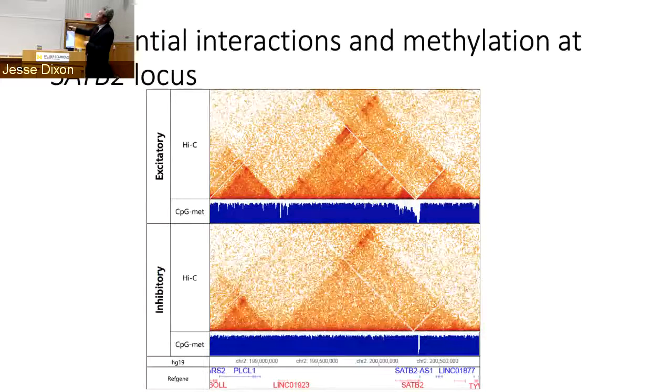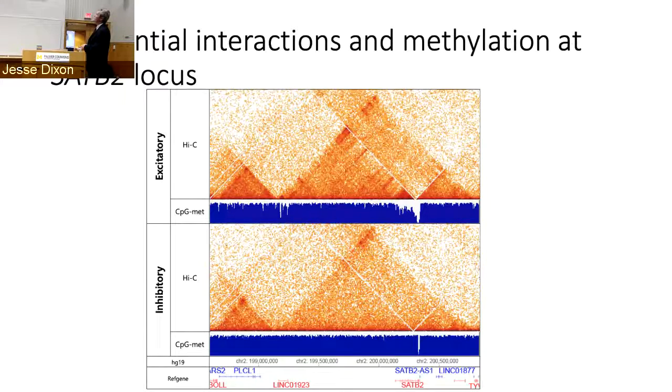And again, SATB2, which is right here, is this well-known marker gene of excitatory neurons. We see an array of different contacts forming in excitatory neurons that are completely absent in inhibitory neurons. So we think that we can identify some cell type specific looping and structural events in this case.